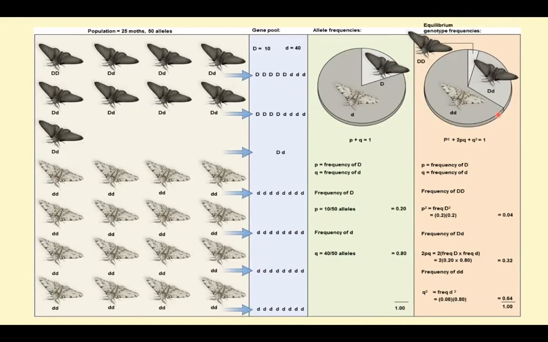Kalau genotype frequency, we use this formula. P squared plus 2PQ plus Q squared is equals to 1. So P sama juga, which is dominant, frequency of dominant D. Q is frequency of recessive D. So the frequency of D besar, you have to use P squared.